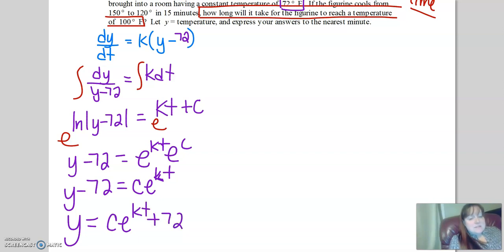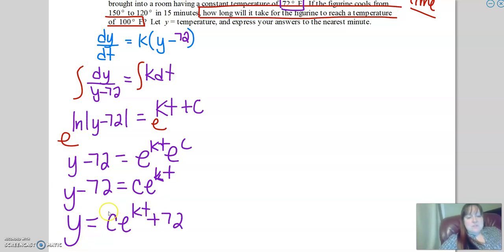So this is our exponential growth relationship, or decay, or however you want to call it, cooling. We're calling this Newton's law of cooling. This is our relationship. And so if I put in a t, I get out a y, right? My t is my input here and y is my output.